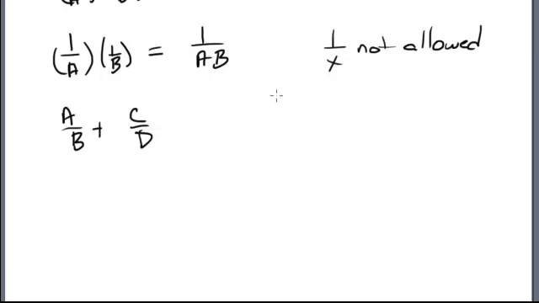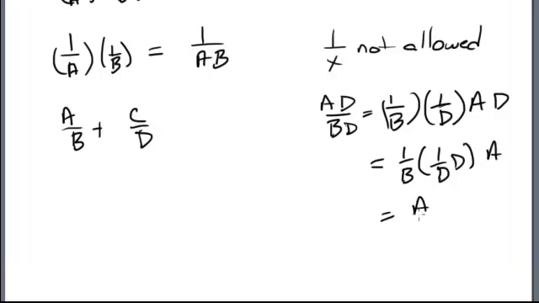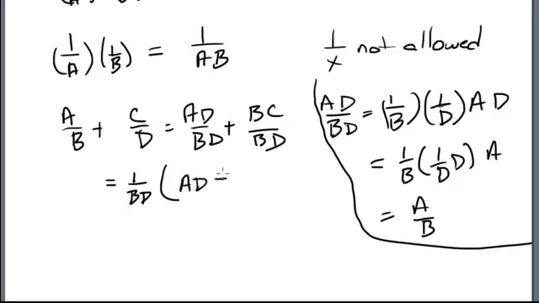Okay, so I want to do this. I want to say A times D over B times D, and we can write that out as 1 over B times 1 over D times A times D. So we can commute and associate, and we get 1 over B times 1 over D times A, and that's equal to A over B. So we can rewrite this equation as A times D over B times D plus B times C over B times D. And we know that a commutative ring has the distributive property, so I can distribute out that 1 over BD times AD plus BC.